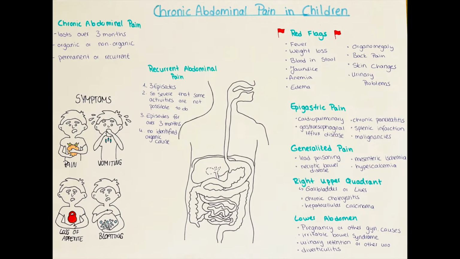Also, the radiation of the pain should not be forgotten, as for example back pain can indicate problems with the pancreas. It is also important to ask about the onset, frequency, duration, intensity, and character of the pain.